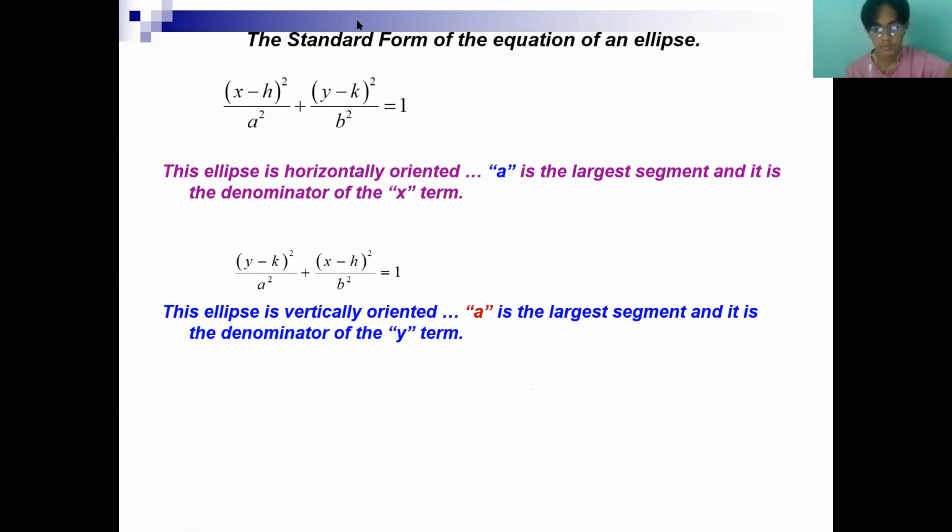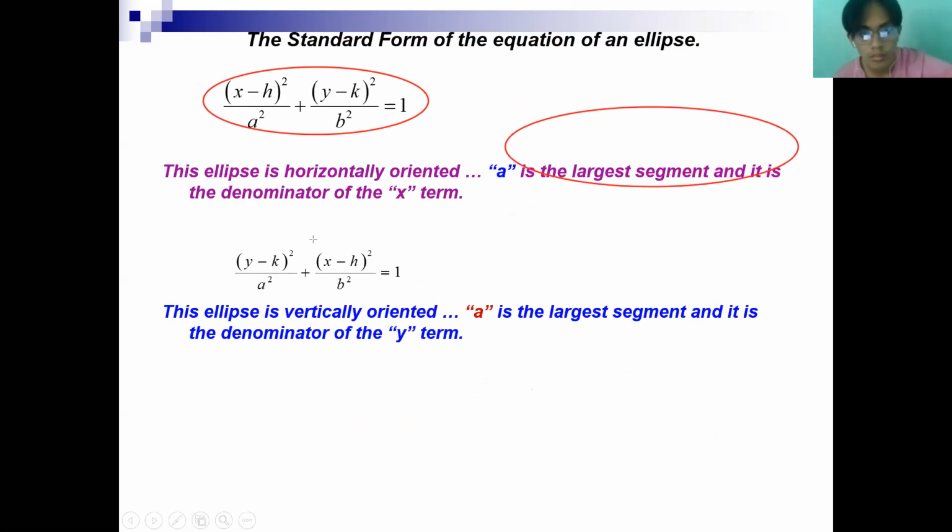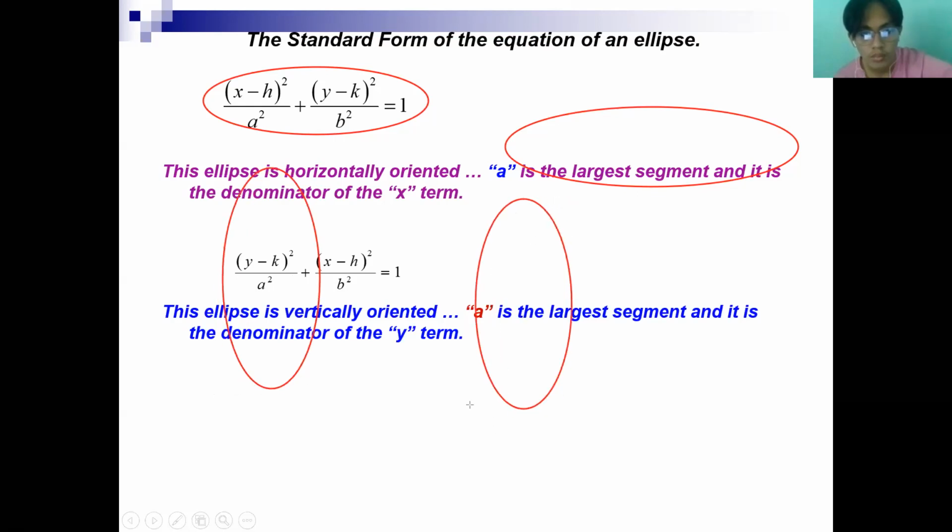So if this is our equation, class, the ellipse is like that, horizontal ellipse. If this is your equation, the ellipse will be like that, vertical ellipse. See the difference? Again, the A is the biggest of the three values A, B, and C. If A is the denominator of your X, then the graph is horizontal. If A, being the biggest of the three values, is a denominator of your variable Y, then the graph is a vertical ellipse.